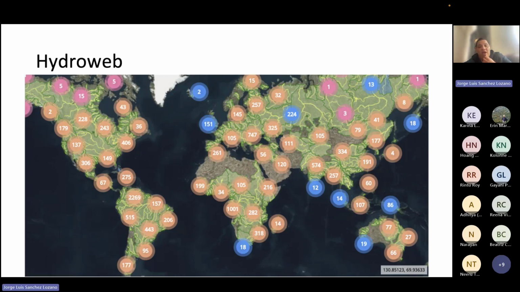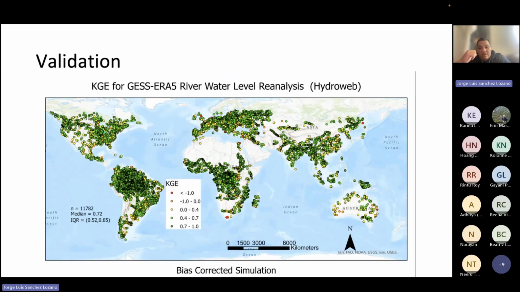Fortunately, we have the possibility of getting data through satellite information. In this case, we use the data of the HydroWeb project and apply the method and get better results than even the results we get for discharge. And this is because the water level data measured by satellite is absolute water level data.